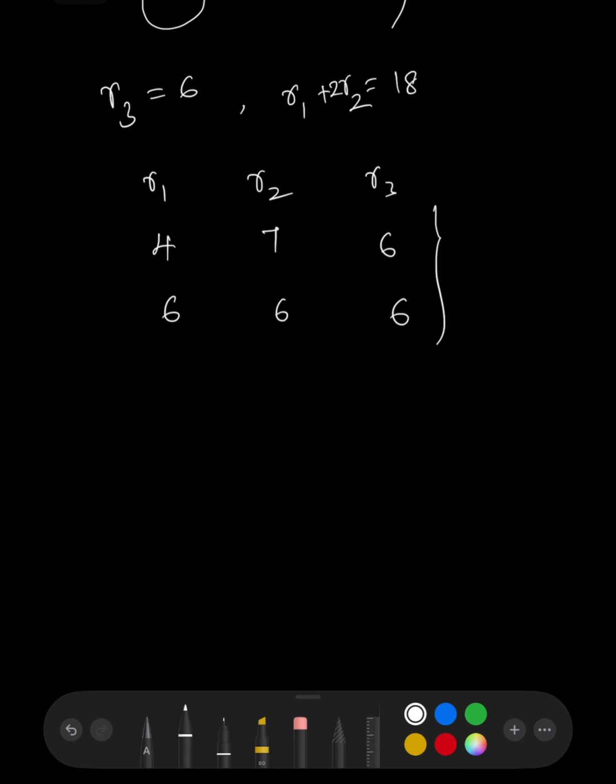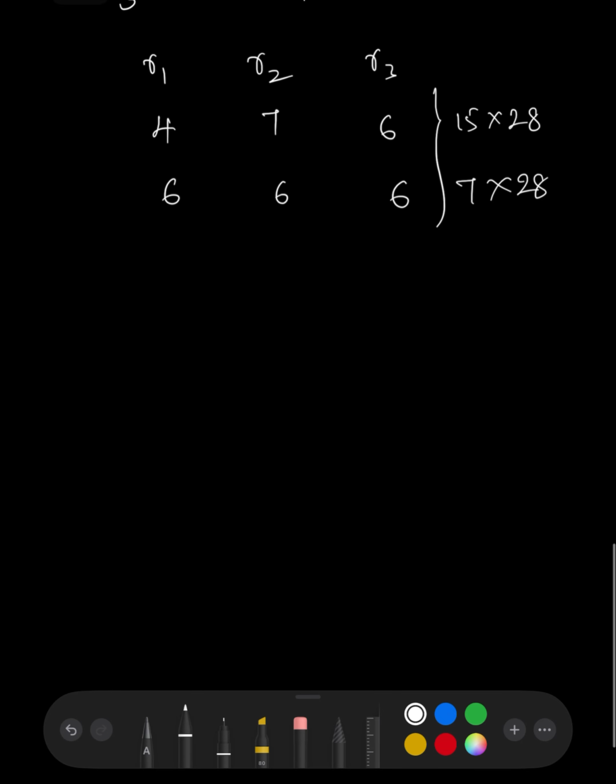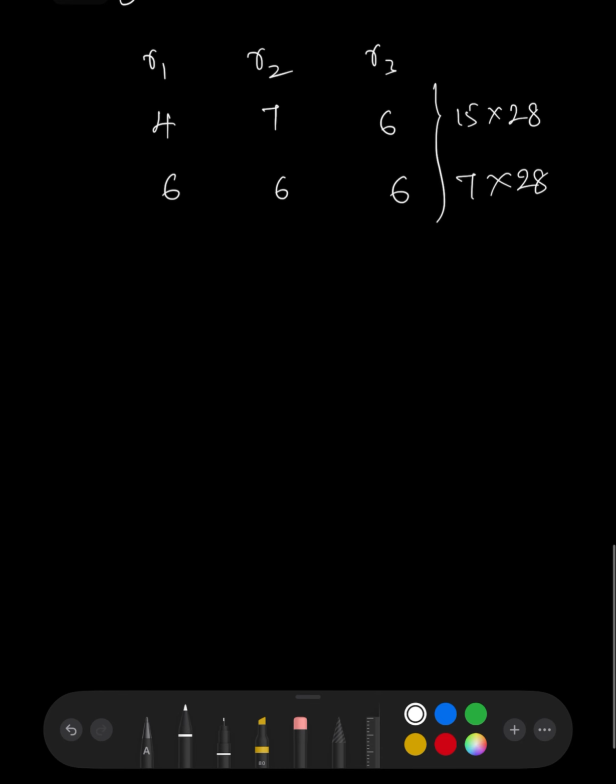Why not 2? If you consider r1 equal to 2, then 2r2 equal to 18 minus 6, which is 14. That is a simplification finally.